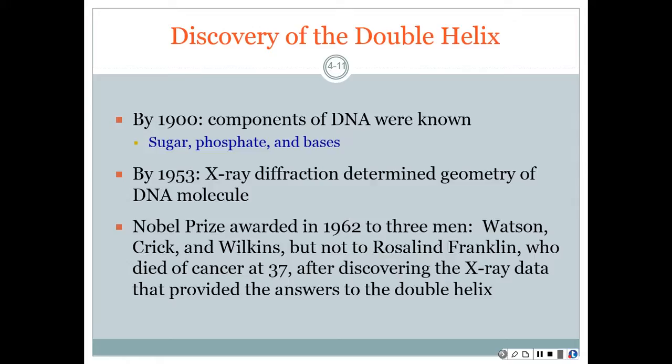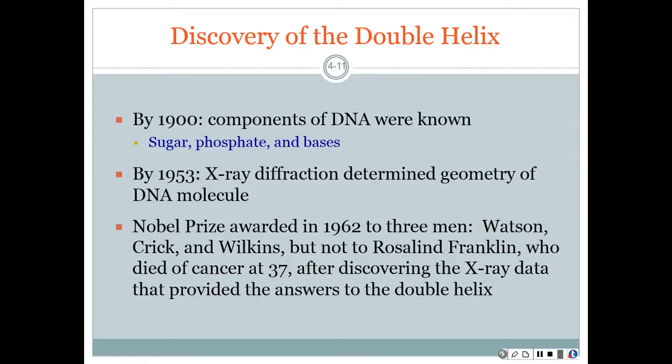They got credit for it, which is horrible. Rosalind found out about it, and she rushed her paper off. So she was able to get her paper out around the same time that these three men were able to get their paper out.